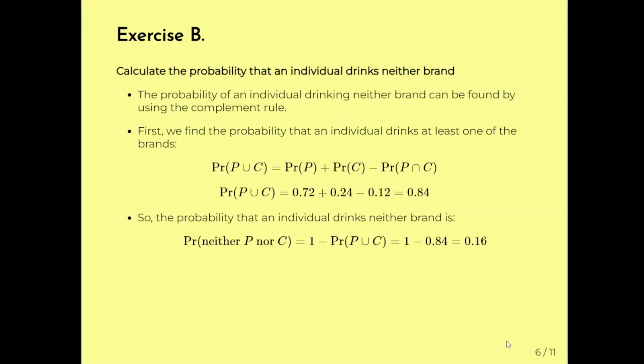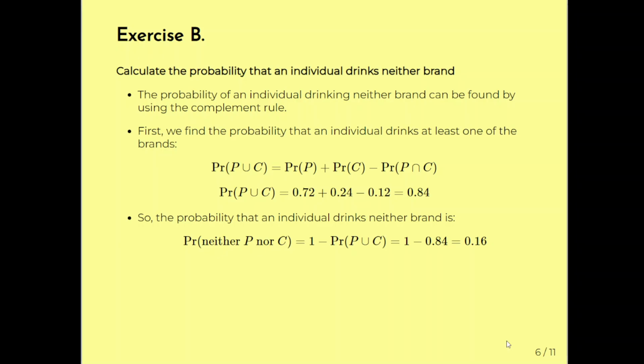So essentially what we're going to do here is use the complement rule. The probability of an individual drinking neither brand can be found by the complement rule. So what we have to do is find the probability that an individual drinks at least one of the brands, Pepsi or Coca-Cola or both. That is the addition rule here.